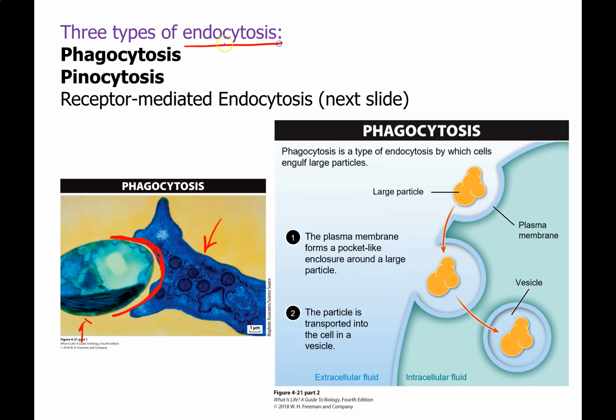So here we have endocytosis. There are actually 3 types of endocytosis, and all 3 work on this same idea of surrounding the particle and bringing it in.